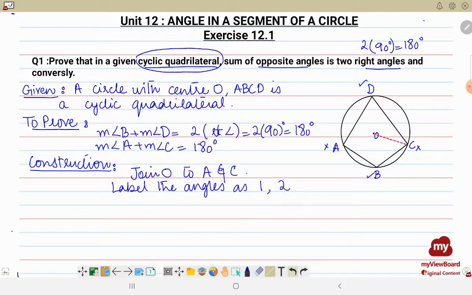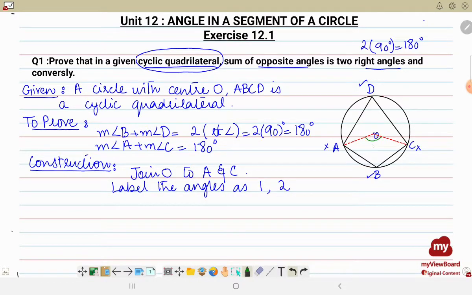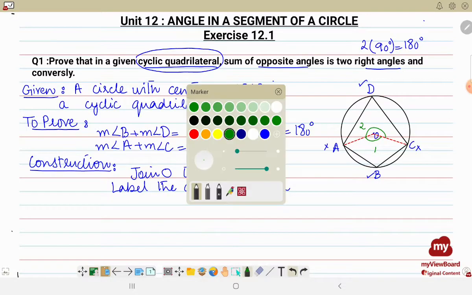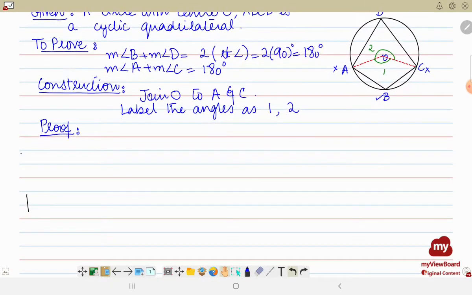So O to C and O to A, and we are going to label the angles as angle 1 and angle 2, right? Okay, now we'll be writing down the proof with statements and reasons.